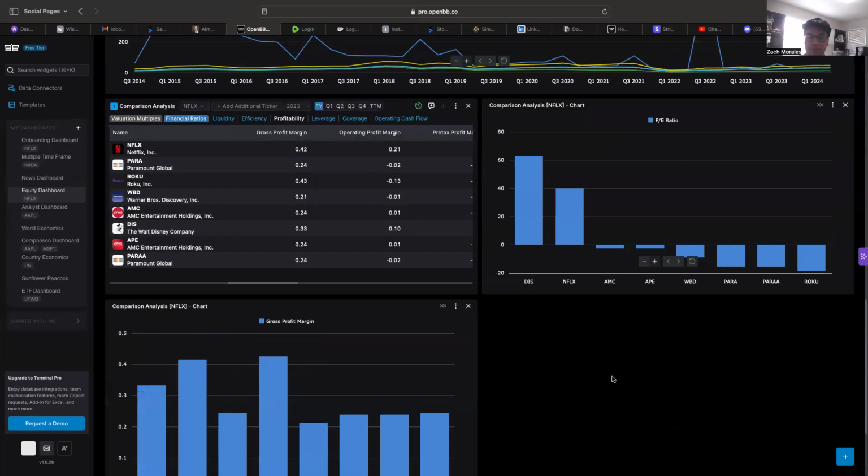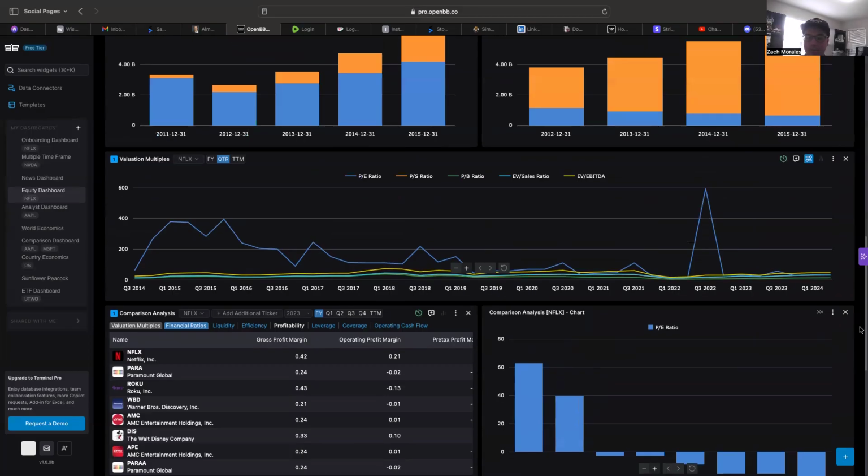Now, what's really interesting is Disney's PE ratio is very high, right? It's above 60 right now. And Netflix's PE ratio is just under 40. It's right at 39.755.